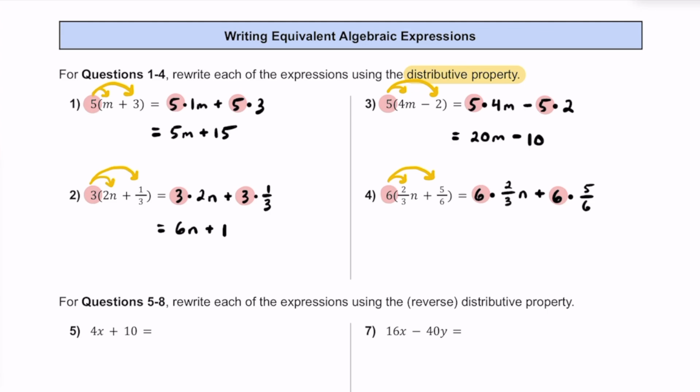Now if we look at 6 times 2/3, you can see on the side here that's 6 over 1 times 2 over 3. That's really just 12 over 3, which is equal to 4. So we can say that this part is going to be 4n. And then for the 6 times 5/6, that's going to be 6 over 1 multiplied by 5 over 6. That's going to be 30 over 6, which simplifies down to just being 5. So this is going to be 4n plus 5. That would be our expression here.